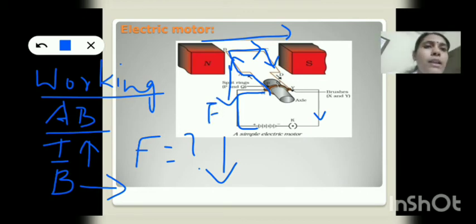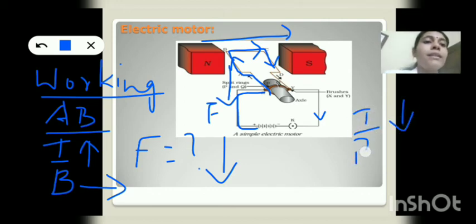Then what will be the direction of force acting on the side CD? Here CD is the opposite side of AB and current flows in the opposite direction, because current flows downwards and the magnetic field is acting in the same direction, that means towards the right. So only the direction of current is reversed, and we had discussed in our previous session, when the direction of current is reversed, the direction of force is also reversed.